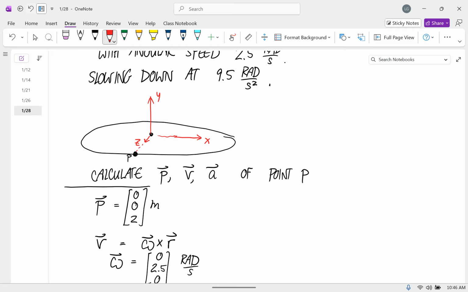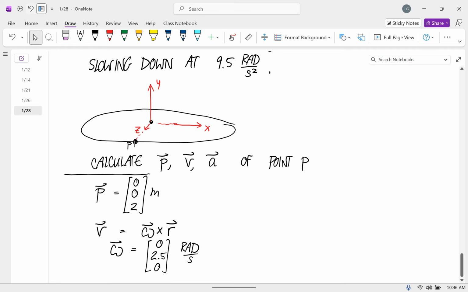At the next instant, it would be something else. But at this instant, it's just pointed straight in the z direction. Could we pick a different direction? Yeah, if I don't give you a coordinate system, you can pick your coordinate system.